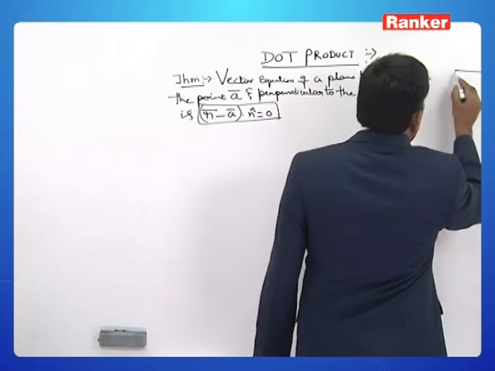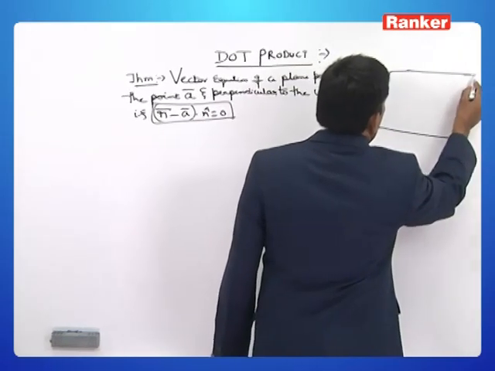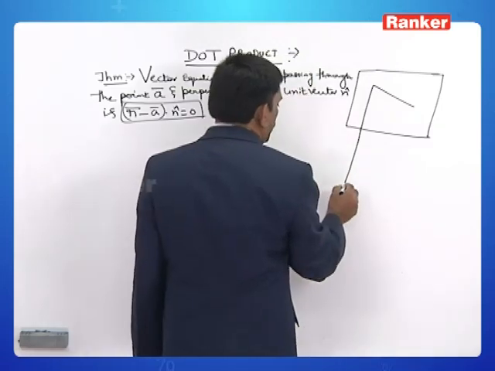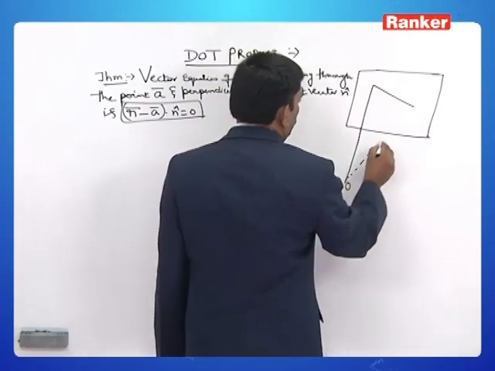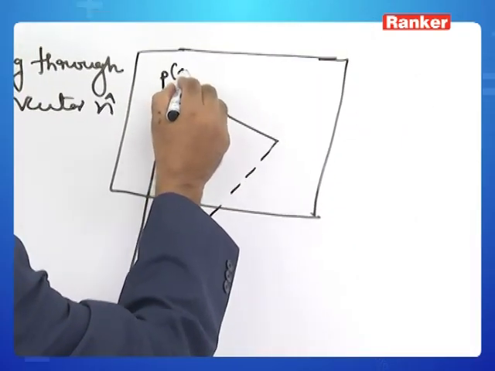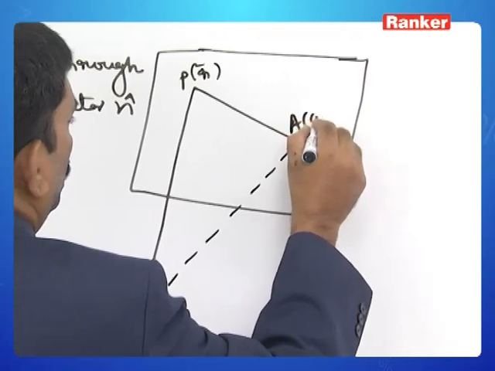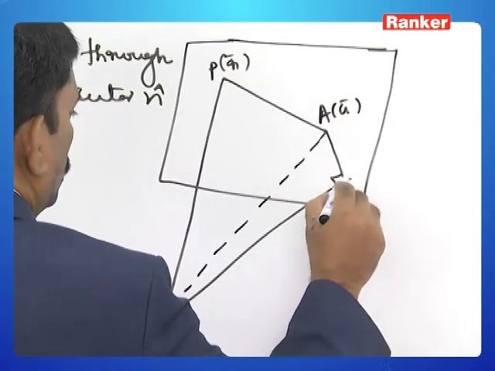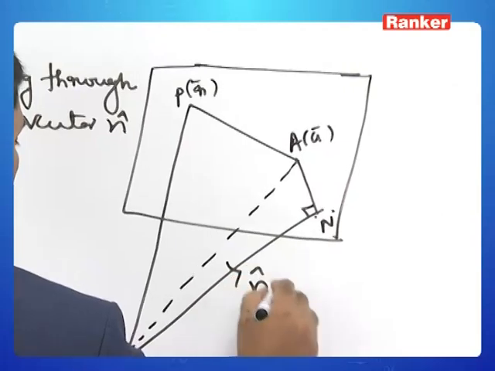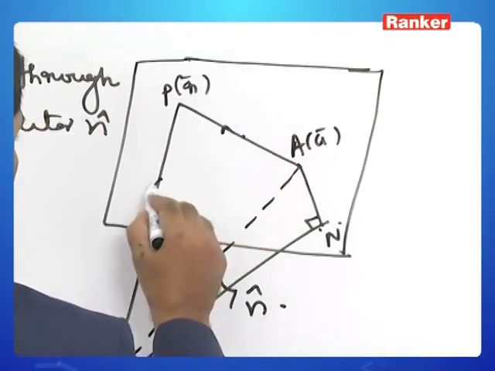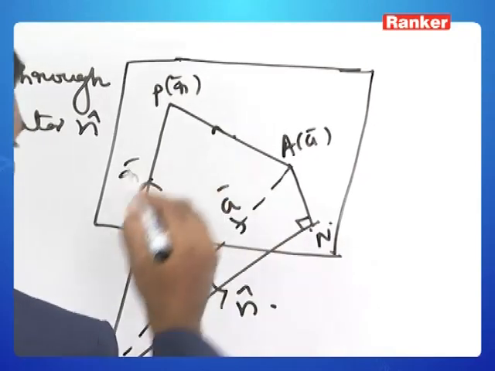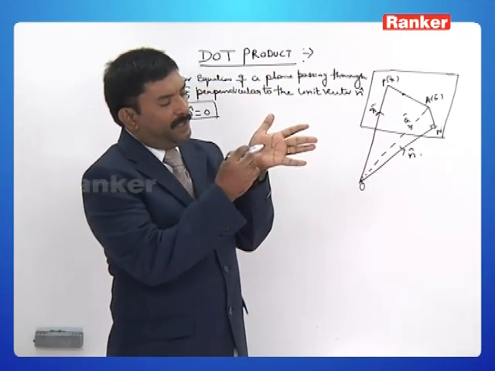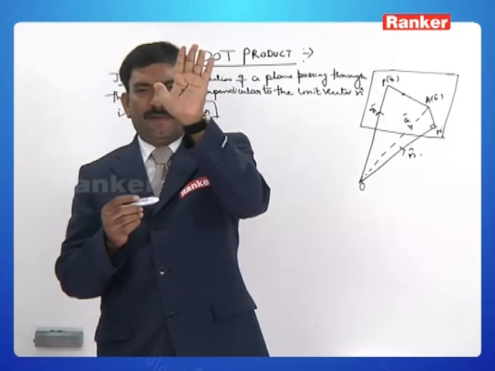If I take a plane, this is the origin. Now, this is a plane passing through two points.